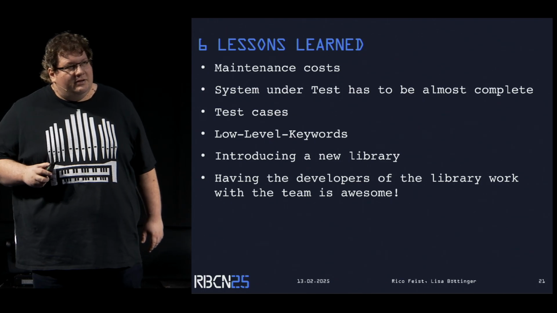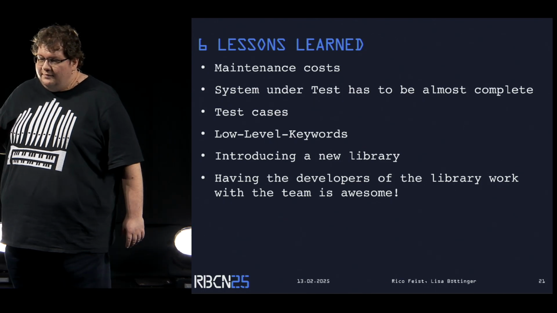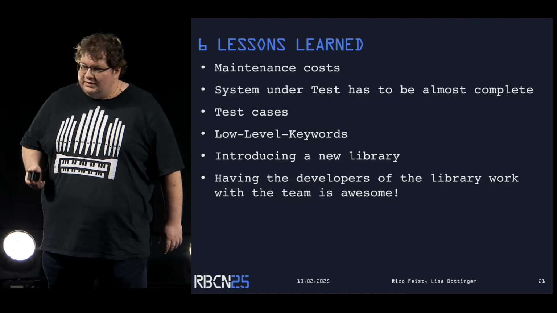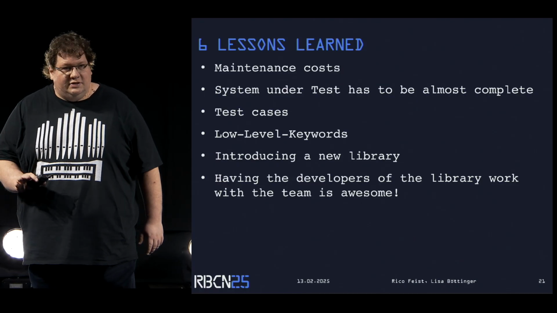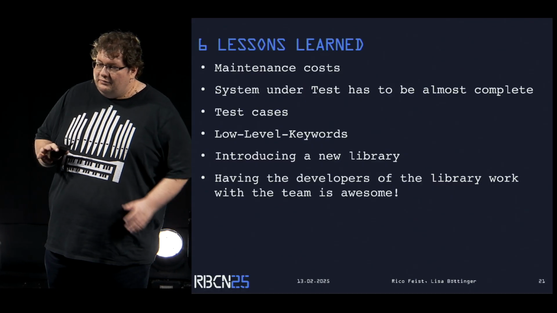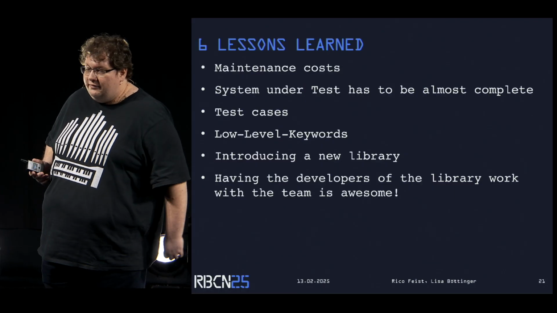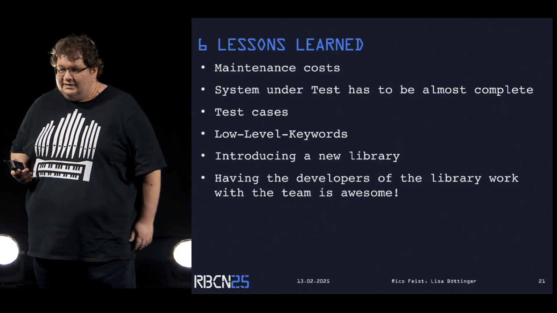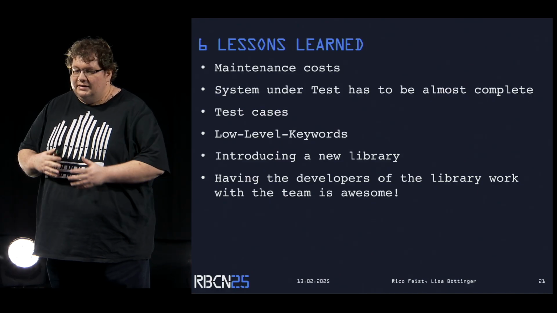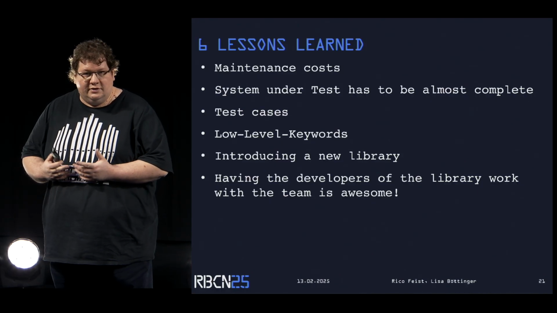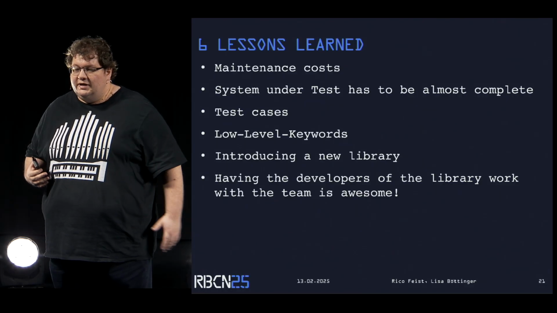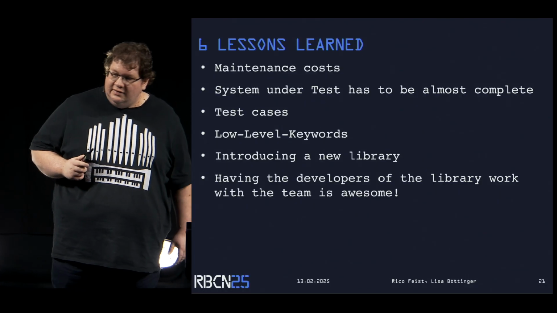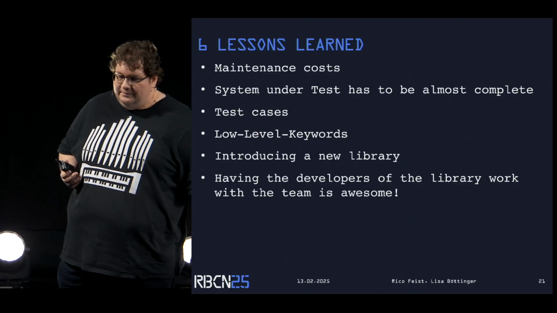What we learned about the low-level keywords: changing the low-level keywords is not as easy as we thought. We have a new library, and with that new library, we have a new way of creating test cases. That means that the test team, all the test automation engineers, have to relearn what the test cases and the low-level keywords have to look like.